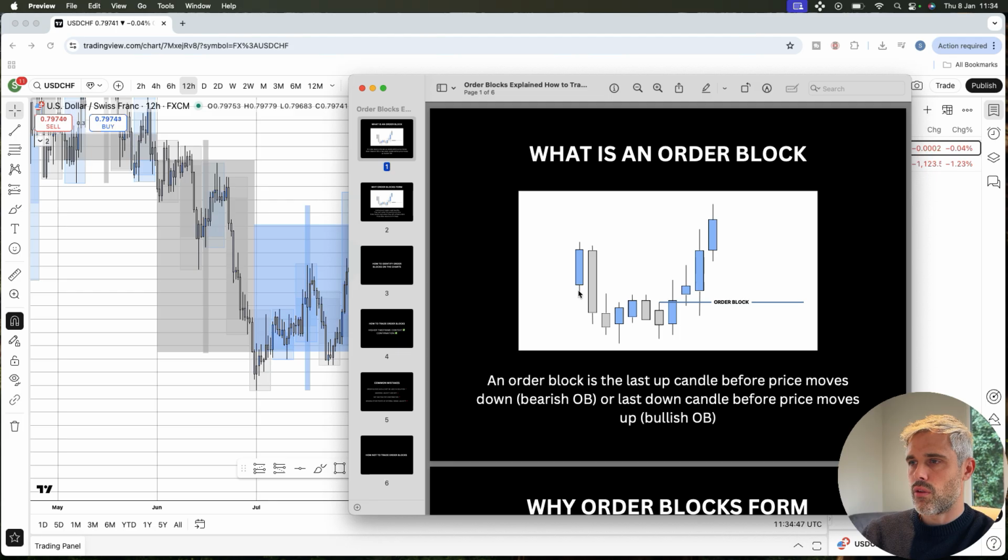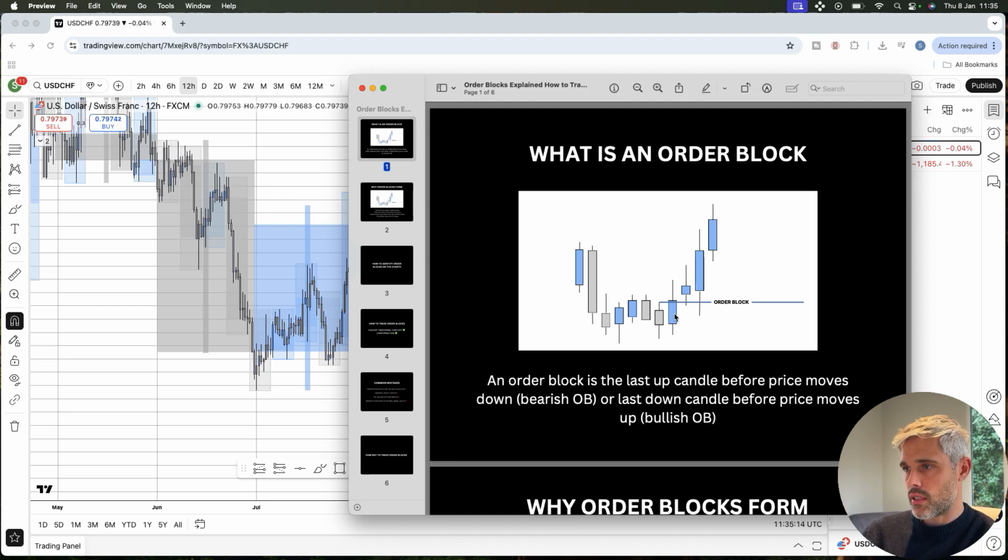To give you a good way to visualize this, we have here a price leg moving down. Price retraces into this area here, which is actually a bearish order block. It tries to go lower, and you see this down candle here, this bearish gray candle, is the last sell candle before we get a structure shift to the upside.